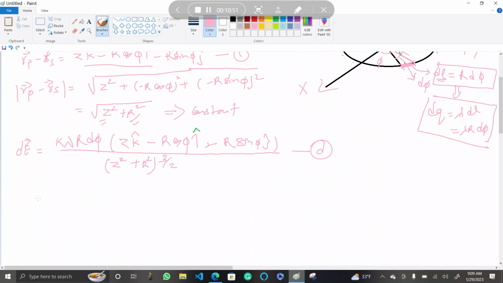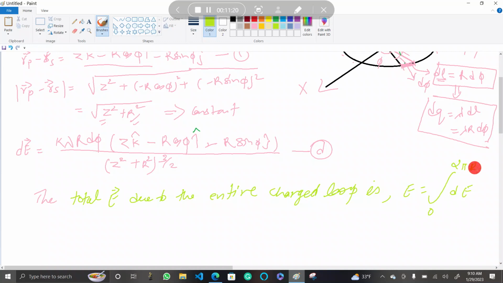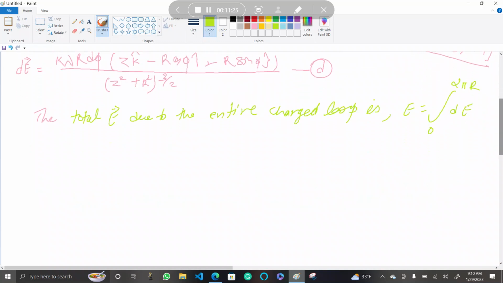So the total electric field due to the entire charge loop is E equals the integration of dE from 0 to 2 pi r, where 2 pi r is the length of the charge loop.